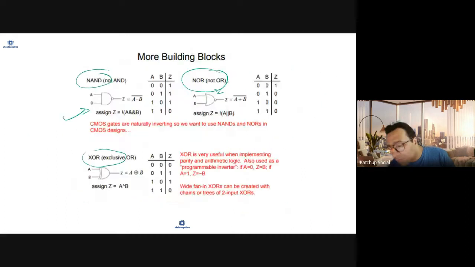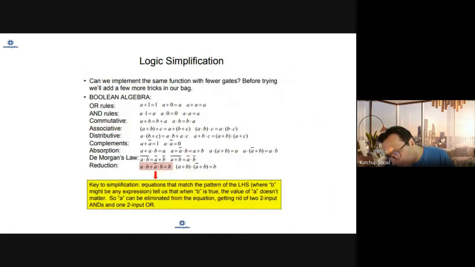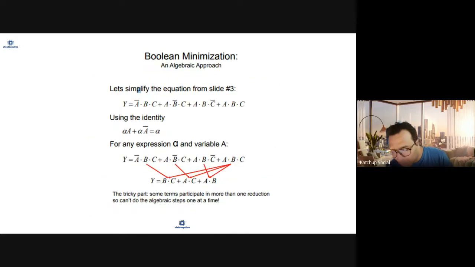Then it will try to optimize that Boolean condition itself. And as you know from Boolean algebra, there are multiple conditions which can exist. So it will do a logic simplification. Logic simplification means it will try to minimize or optimize that Boolean equation. For example, let's say this is the Boolean equation.